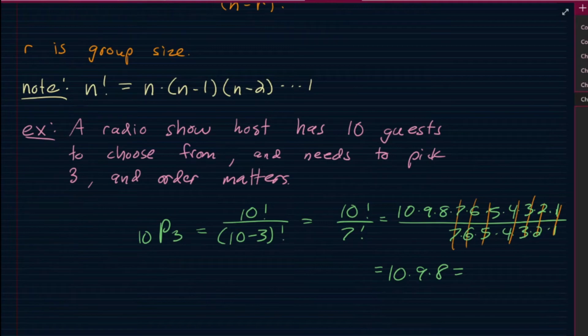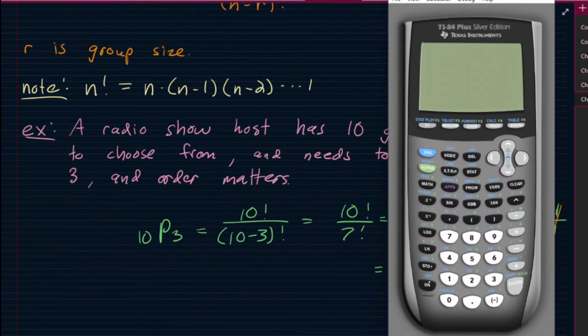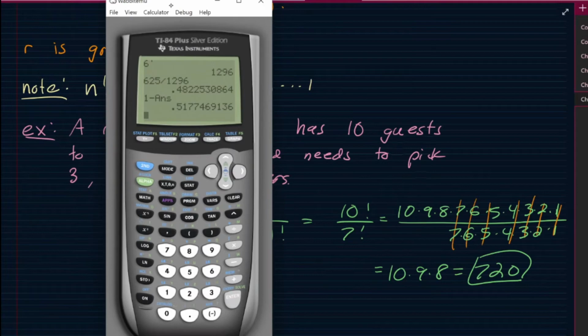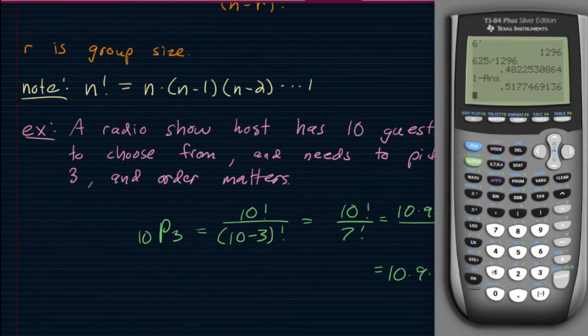And that would be the number of different ways that we could select 3 people out of 10 where the order matters. On the calculator, I would do 10, go to the permutation button and hit 3, so it looks like 10 nPr 3. Hit enter, and it should give me that 720. As you see, it does.